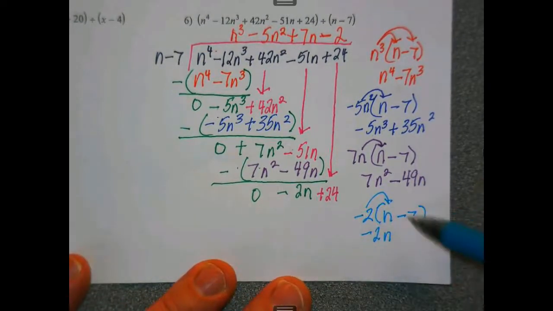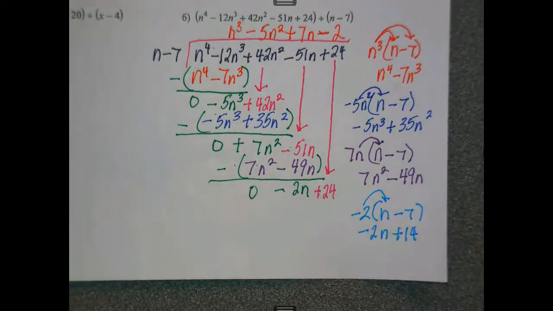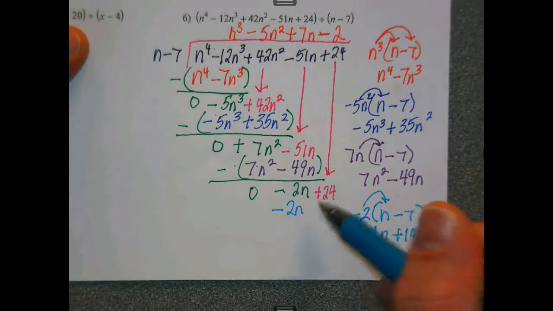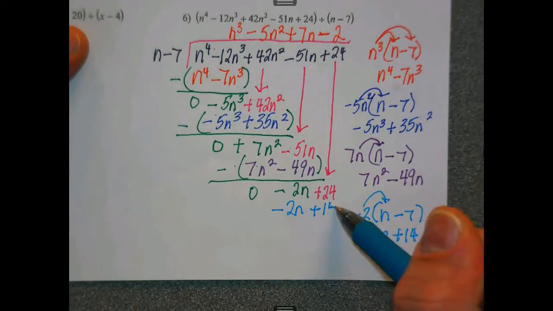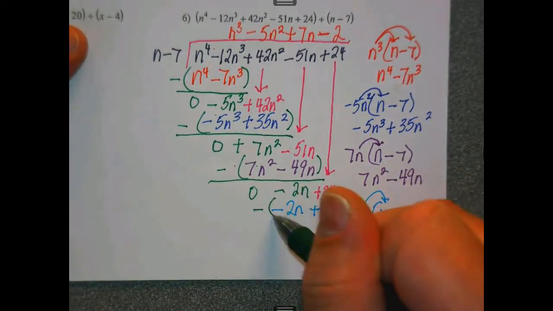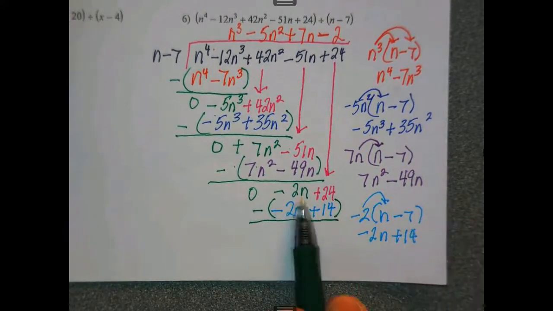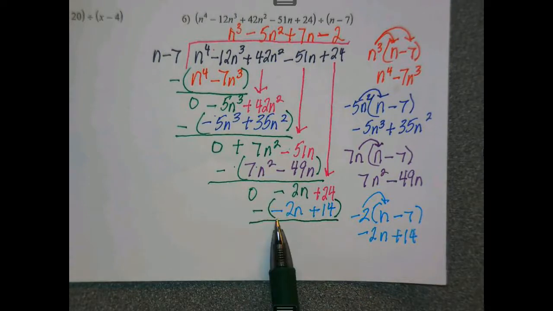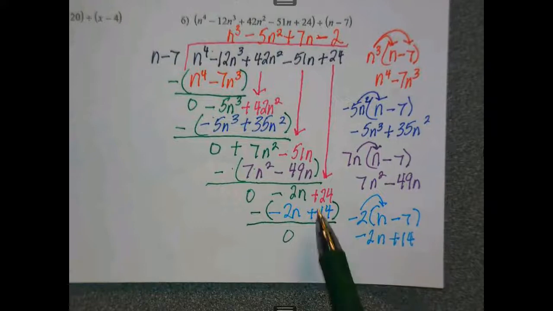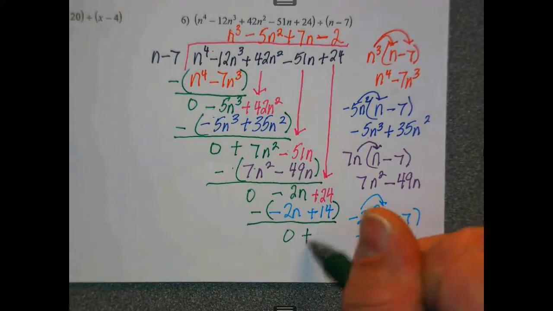Negative 2 times negative 7 is positive 14. There's my product: negative 2n plus 14. I'm going to subtract the entire quantity. Negative 2n minus a minus is a plus 2n. There's my 0. Positive 24 minus 14 is a positive 10.